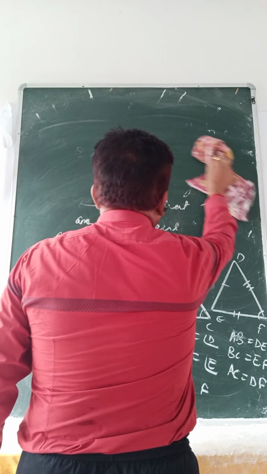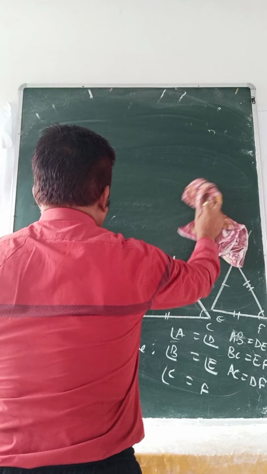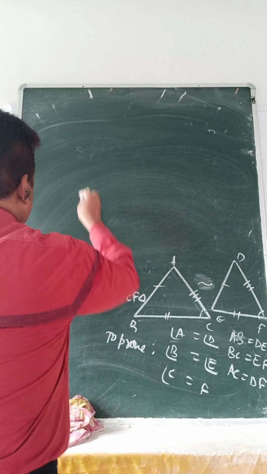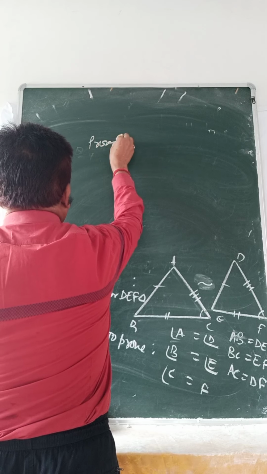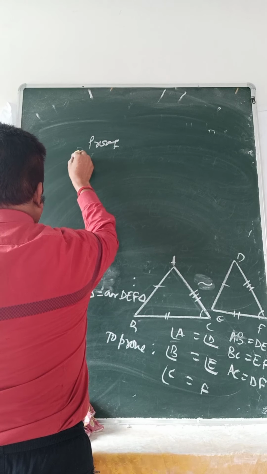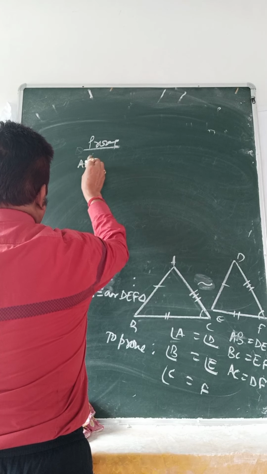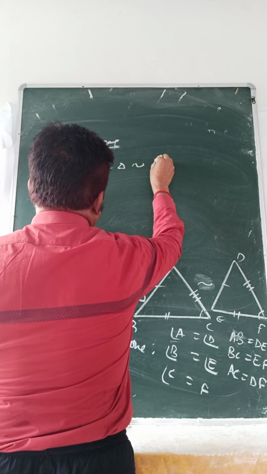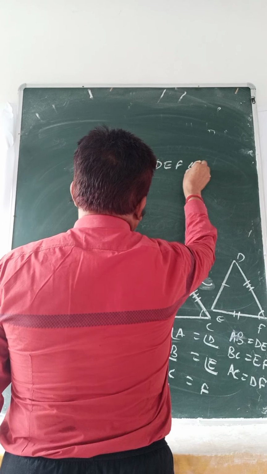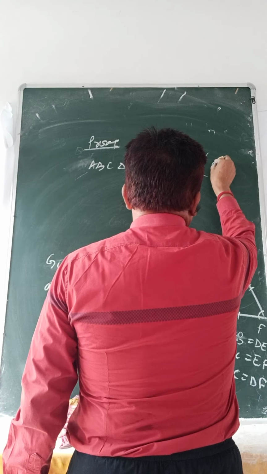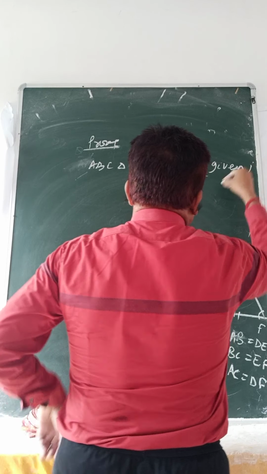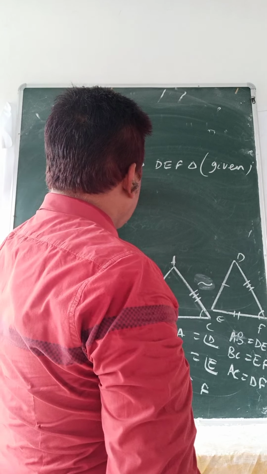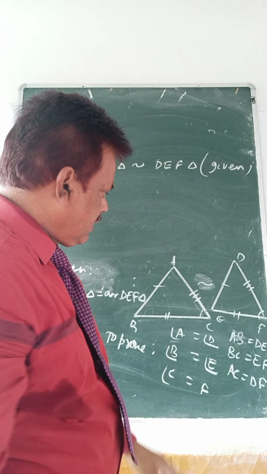Okay, now look. Proof. First you say triangle ABC is similar to triangle DEF, given. When two triangles are similar, what is one criterion?